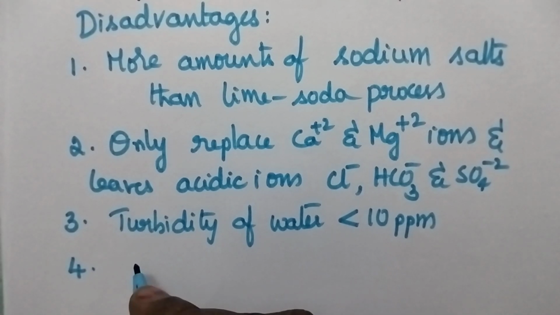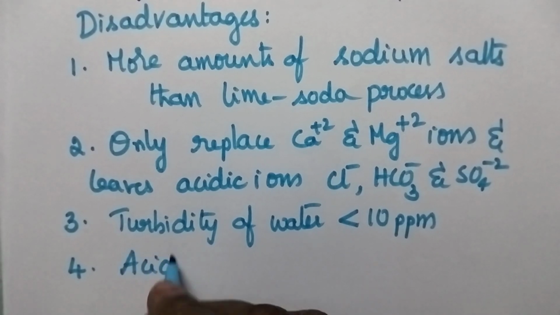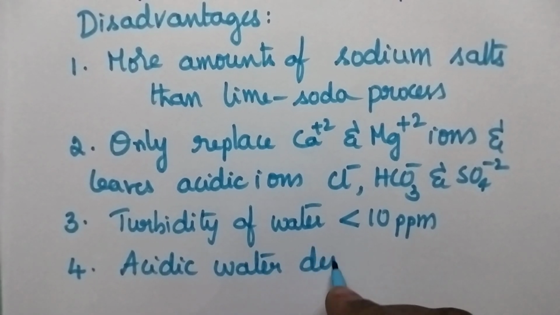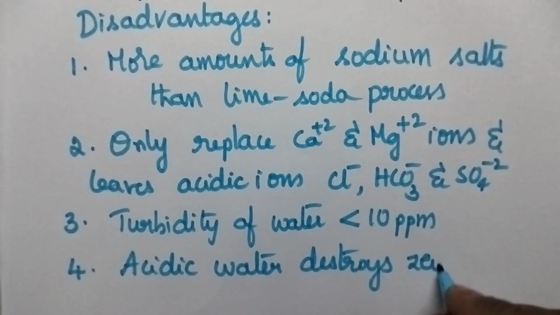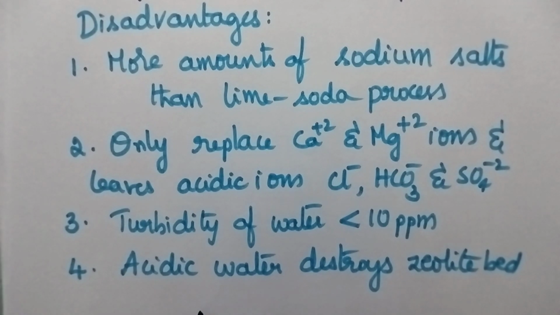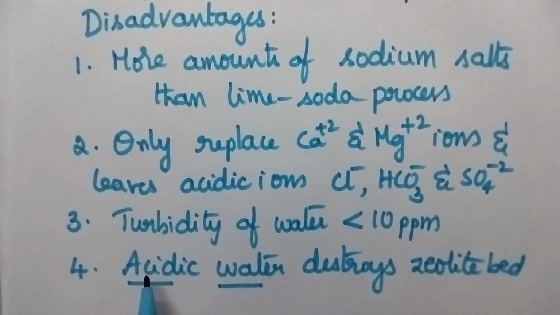And whenever acidic water is used, it destroys the zeolite bed. So acidic water destroys the zeolite bed. So the zeolite process is not suitable for acidulated water. So these are the few disadvantages associated with the zeolite process.